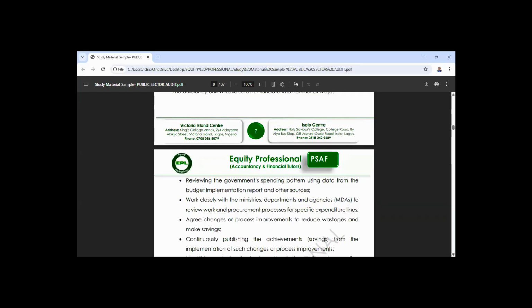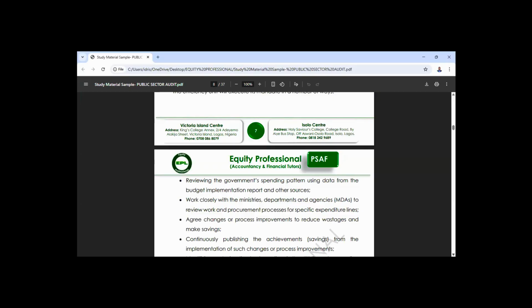Another one is to work closely with ministries, departments, and agencies of government to review the work and procurement process of specific expenditure lines.